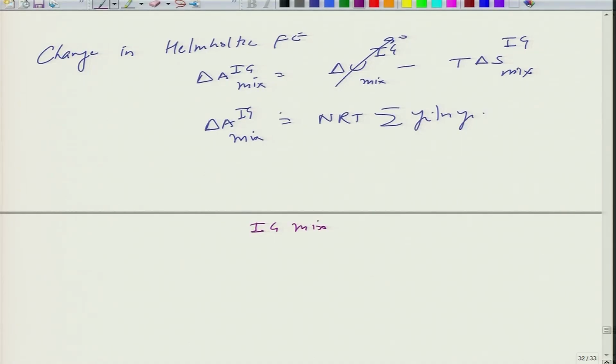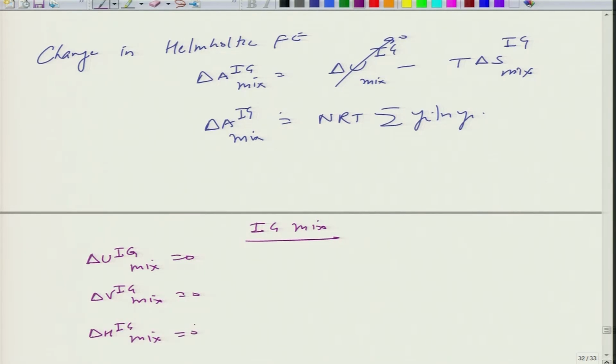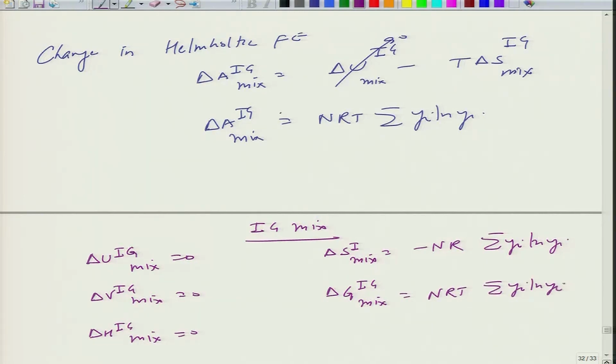For an ideal gas mixture, we observed that the change in the internal energy is 0, the change in the volume is also 0, and the change in enthalpy on mixing is also 0, whereas delta S ideal mixture is minus nR summation y_i ln y_i. For delta G ideal gas mixing, we have nRT summation y_i ln y_i, and the Helmholtz free energy change is the same as that of the Gibbs free energy, hence we write the same expressions.